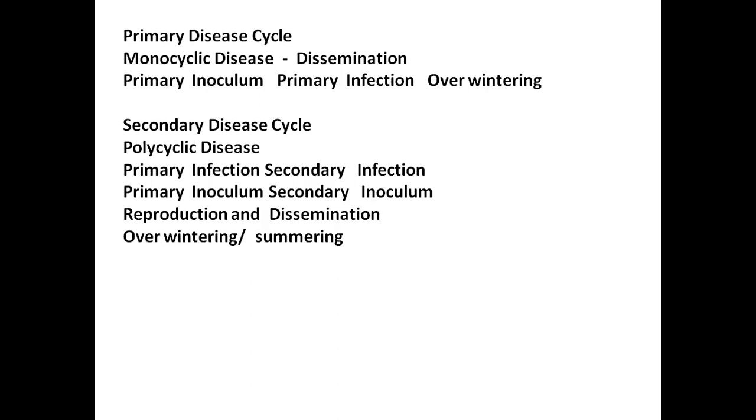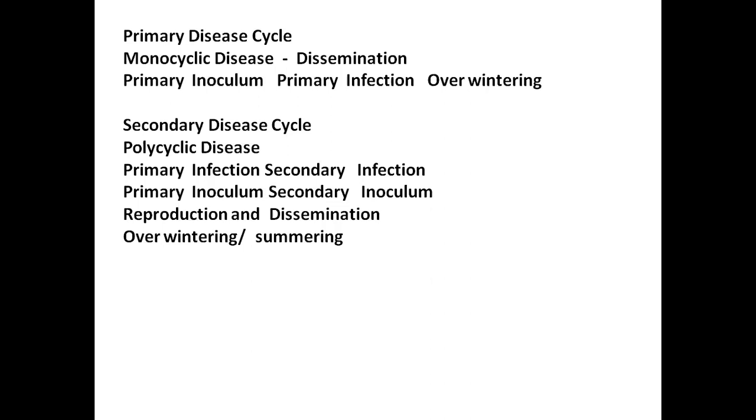The primary inoculum causes primary infection, and thereafter the overwintering of the inoculum takes place, and then the dissemination occurs, and again they cause infection when the new crop is planted in the next season. So in monocyclic diseases, there is only one life cycle of the plant pathogen.